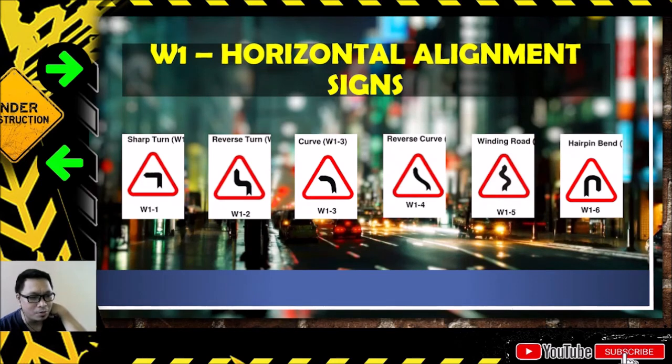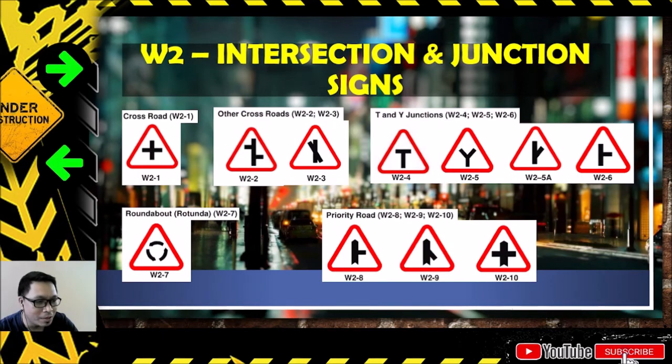So, we have the horizontal alignment signs, to say that we are talking about the curves. It warns the motorist that there is this type of curvature in the portion of the highway that he is going to enter. Then we have intersection and junction signs.